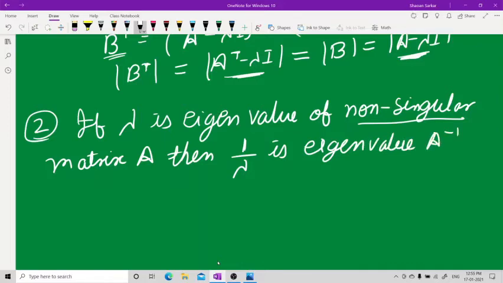This line is important: non-singular matrix. See, in order that A inverse exists, A must be non-singular.